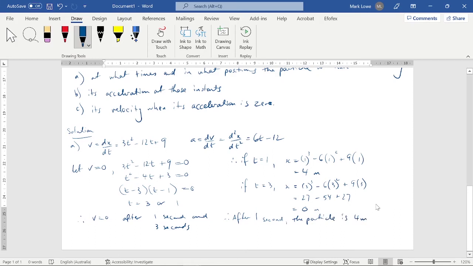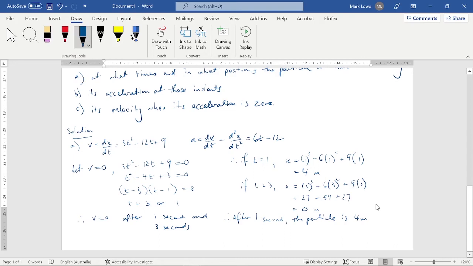In terms of making a note of its position, because it's moving in a straight line, we need to describe its position. As we saw with the previous example, the melting ice cube, the rate of change was negative, meaning it was decreasing in size.